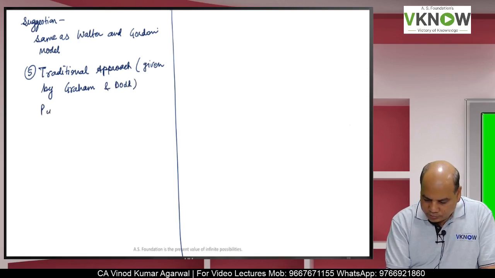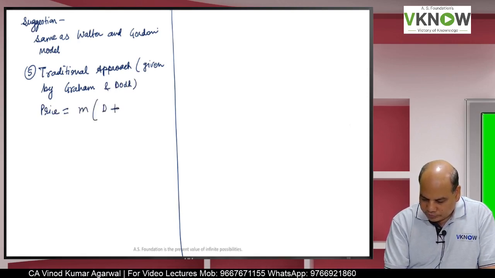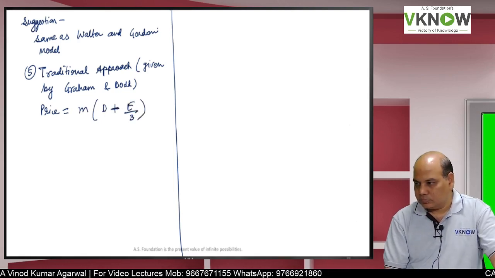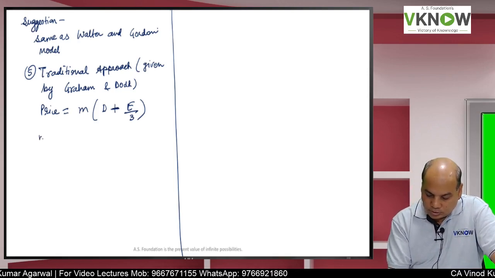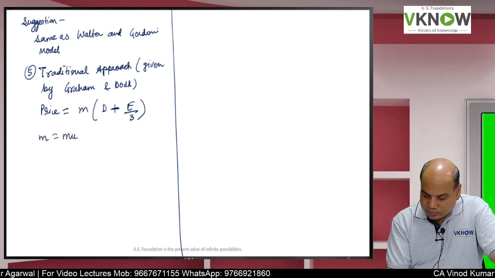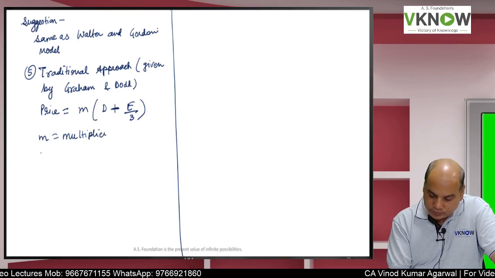So the price of the share is equal to M into bracket D plus E by 3. M is equal to multiplier, the number of times the market price is of D plus E.